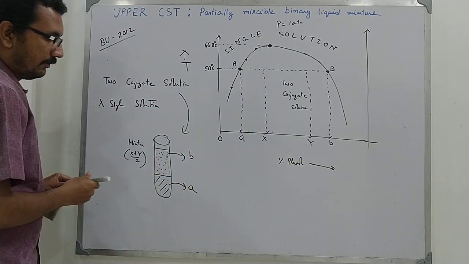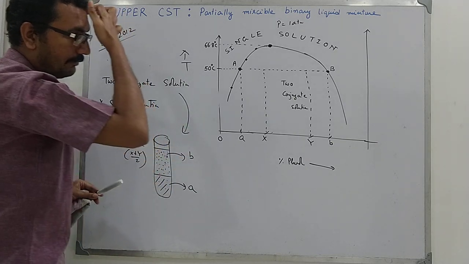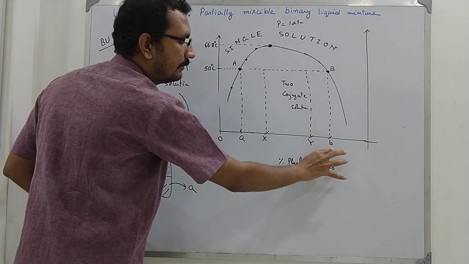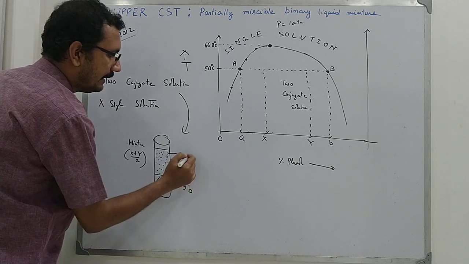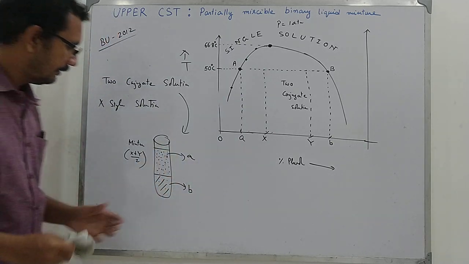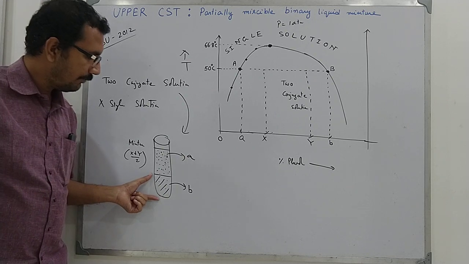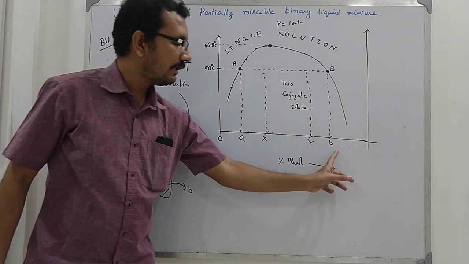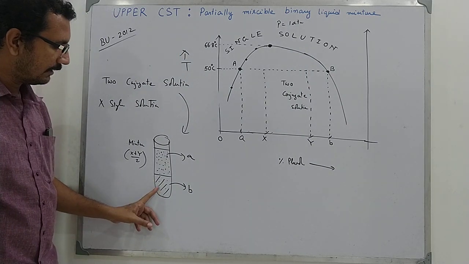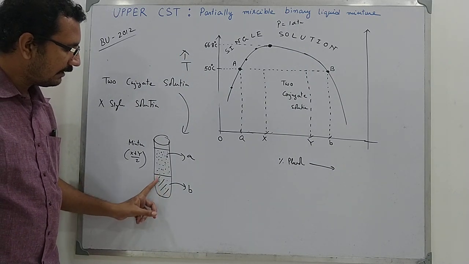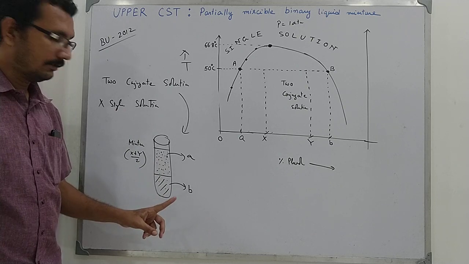Here you have phenol greater. So this will be B and this will be A. This is the point where there is more phenol and less water, so it is a water in phenol solution, saturated.